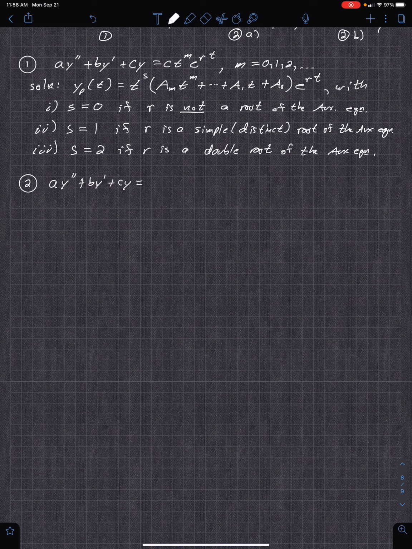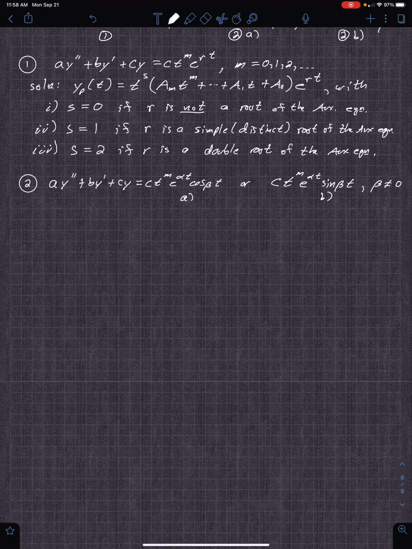There are 2 of these, we'll call them A and B: c t to the m e to the alpha t cosine beta t, or c t to the m e to the alpha t sine beta t. In both cases beta is non-zero, otherwise you don't have that case. So this is my A, and this was the B as above.